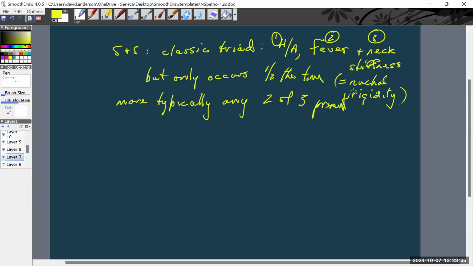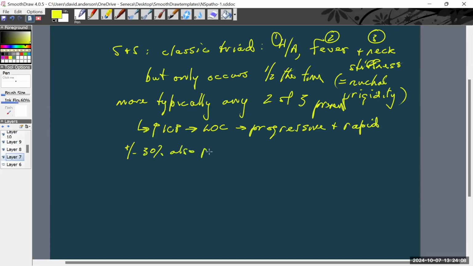The concern is that that increase in intracranial pressure is going to lead to loss of consciousness that is described as being progressive and rapid. And this is where the mortality rate is so high. About 30% also present with seizures.